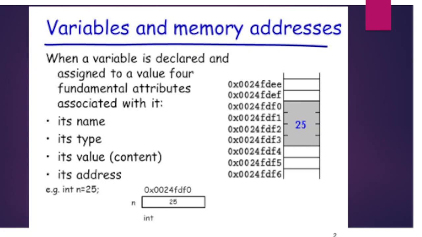Keep in mind that whenever we declare a variable, the compiler randomly selects a memory cell inside the computer memory and labels this cell. Here the compiler labels this cell with the label n at a particular address. This is the hexadecimal address, and the zeros show the starting byte of the memory cell.